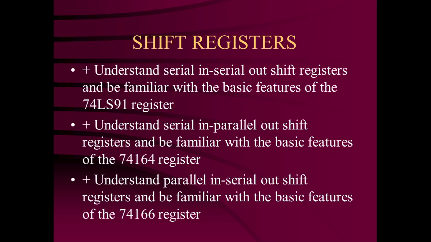The third type is the parallel in serial out shift register, and we will be familiar with the basic features of the 74166 shift register. This IC 74166 is an 8-bit shift register, but data can be entered in a parallel fashion and comes out of this register in a serial fashion, and this is also a TTL IC, a transistor logic family IC.